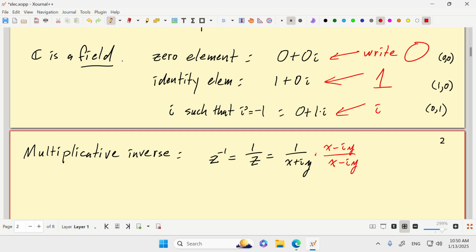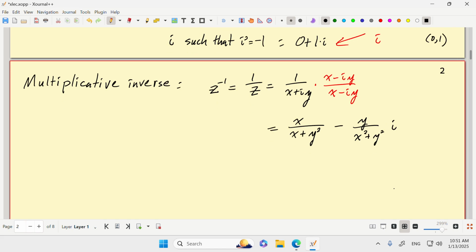And when you do that, you get x squared plus y squared on the bottom. That's why it's desirable. And on the top, you get x over x squared plus y squared as the real part, minus y over x squared plus y squared for the imaginary part. Okay. That's how you learn how to do that in junior high.